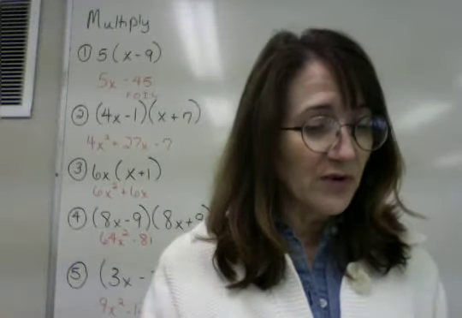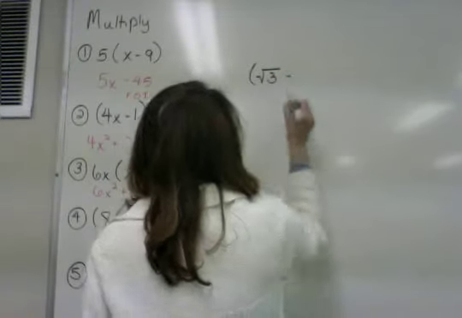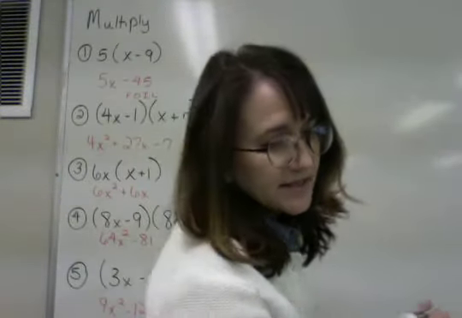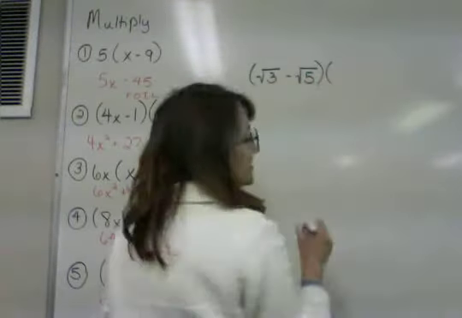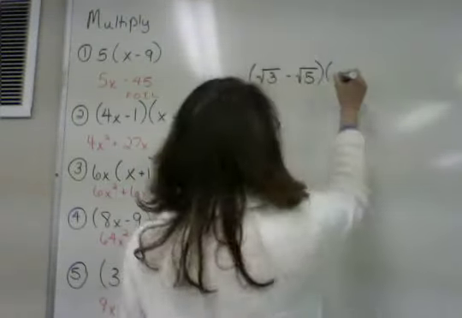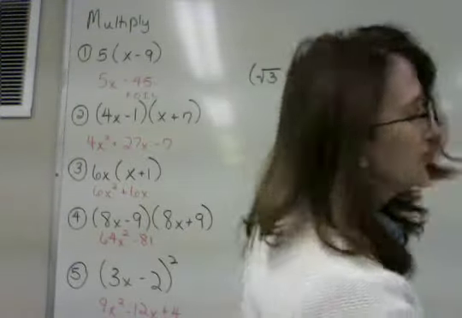We're going to use the FOIL method. So if you'll look at the first problem on your quiz, it looks like this. I have the radical of 3 minus the radical of 5, and then I have the radical of 6 plus the radical of 10.